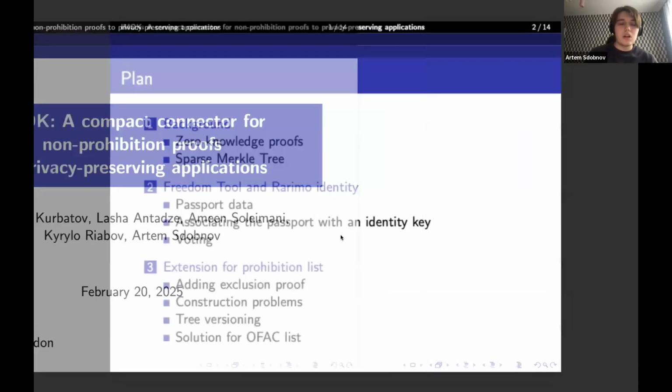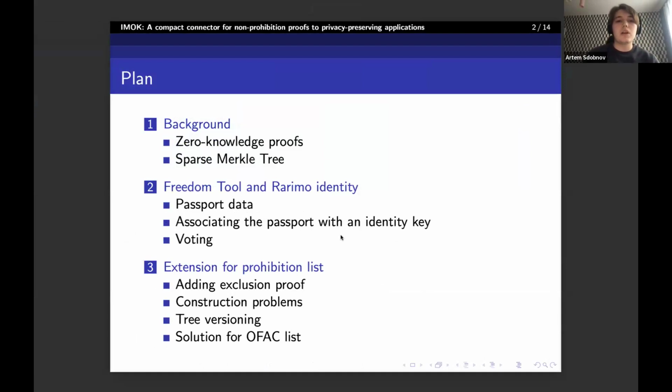First of all, I want to present our plan. First, I want to share a bit of background on zero knowledge proofs and sparse Merkle trees. Then I will show you examples of such apps as Freedom Tool and Rarimo Identity. Freedom Tool is a voting scheme which was used as an opposition voting scheme in Russia when they had their voting for the president.